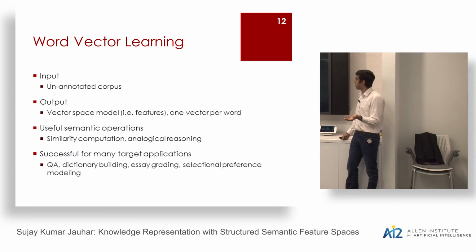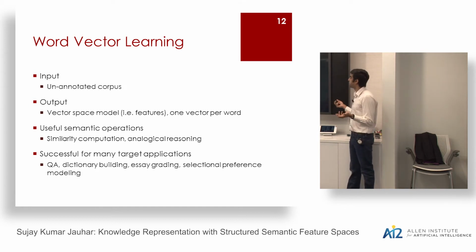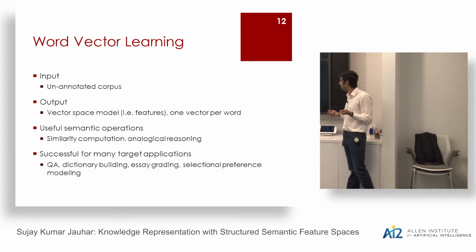It turns out that these models are very useful for a bunch of semantic operations, such as similarity computation. If you compare the distance between two points in this vector space, you're actually comparing the meaning between the two corresponding words. Or you could do something like analogical reasoning, where you take the difference between points and compare those to say things like king is to queen as man is to woman.